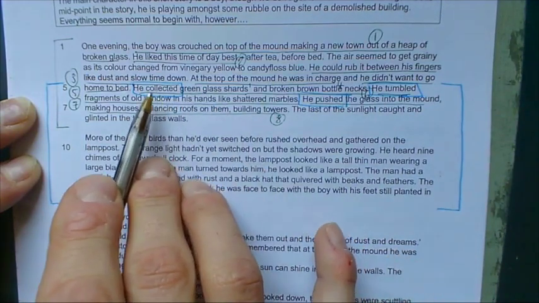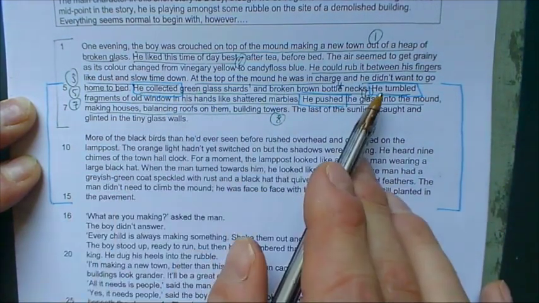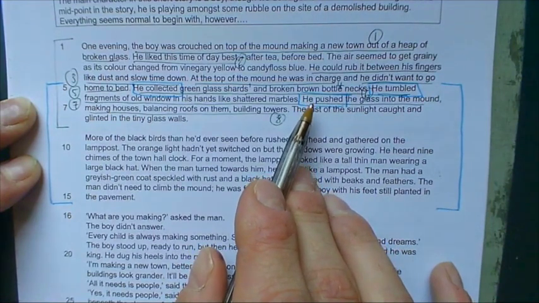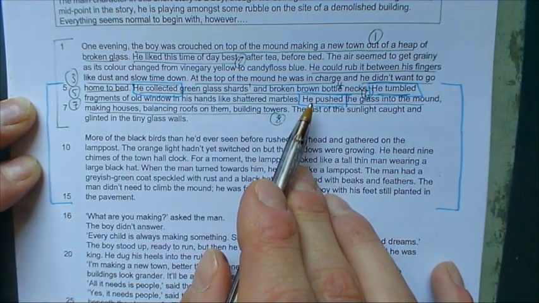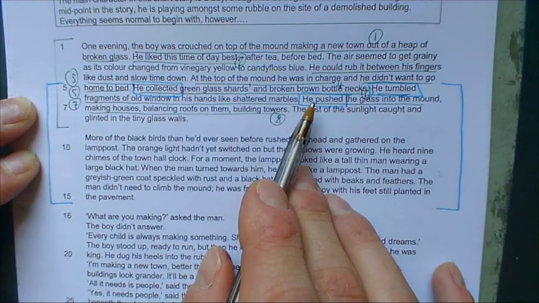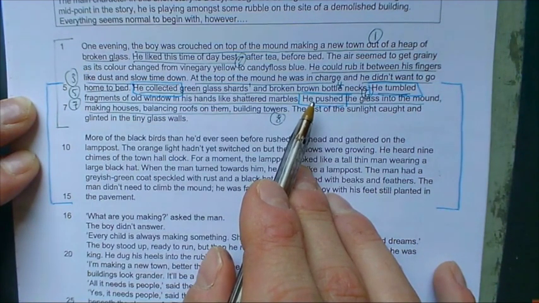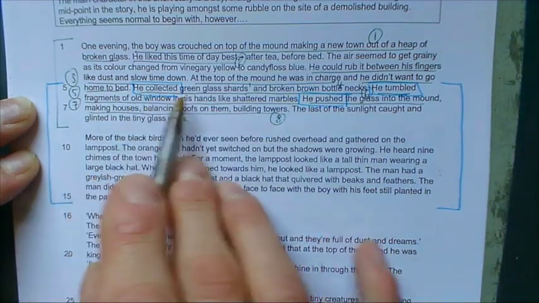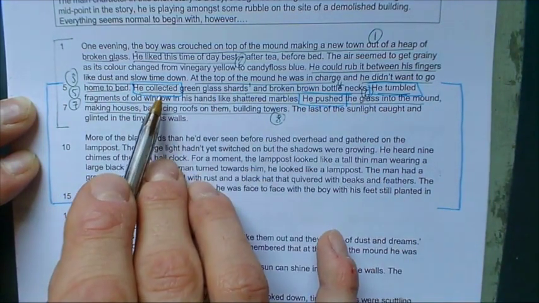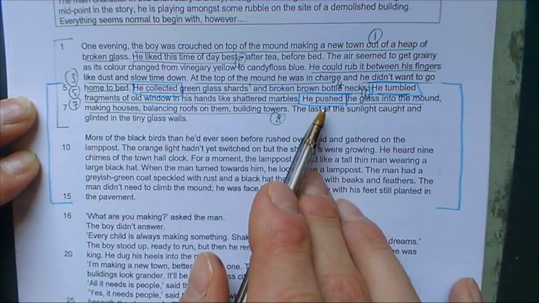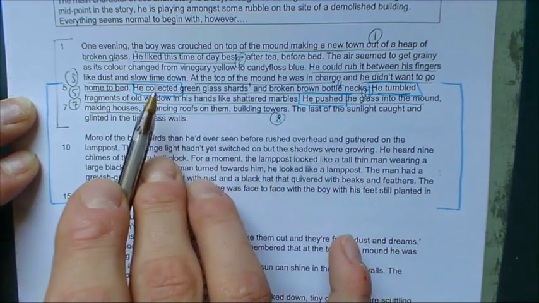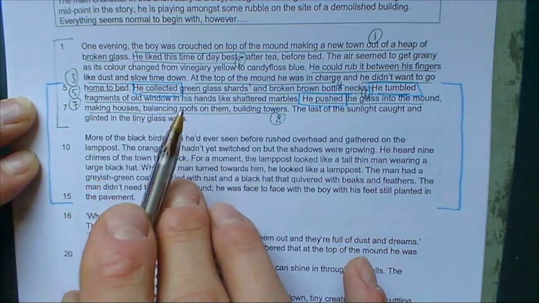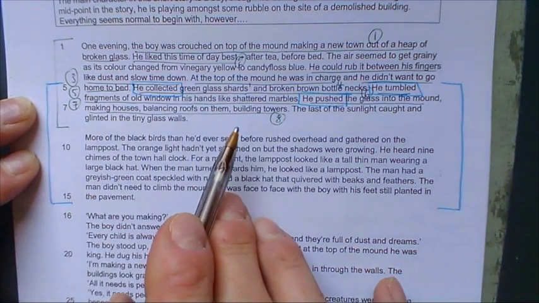The technique used here is anaphora, which is a repetition at the beginning of different sentences or clauses. You don't necessarily need the correct technique name. Obviously, it helps to use the correct term and it may gain you an extra mark. But the key thing is to think about, well, what's the writer doing here? Each opening has got a different verb: collected, tumbled, pushed. And those verbs are creating a sense of the boy's activity and his action.